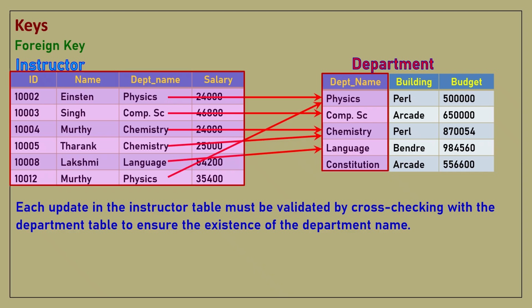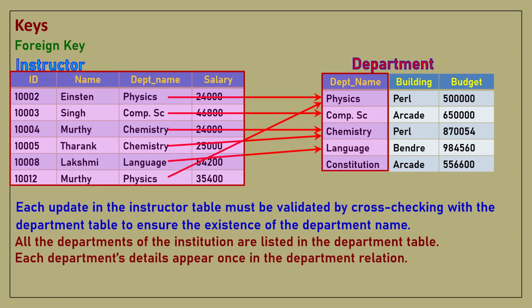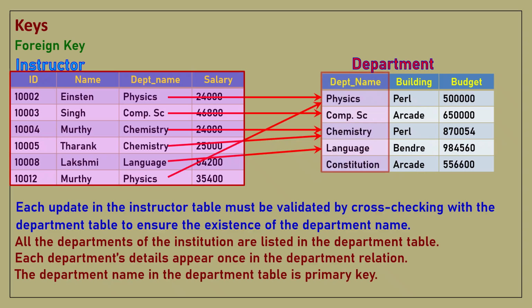Each update in the instructor table must be validated by cross-checking with the department table to ensure the existence of the department name. All the departments of the institution are listed in the department table, and each department's details appear once in the department relation. Hence, the department name in the department table is the primary key.